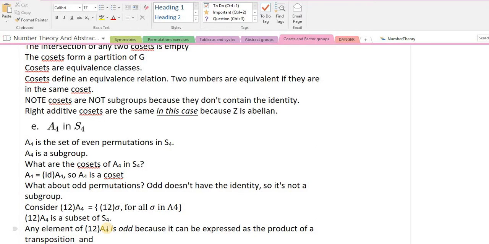What do you know about elements of A4? They're even. And if you've got an even permutation, which is an even number of transpositions, and you add one more, that's an odd number of transpositions. Okay.